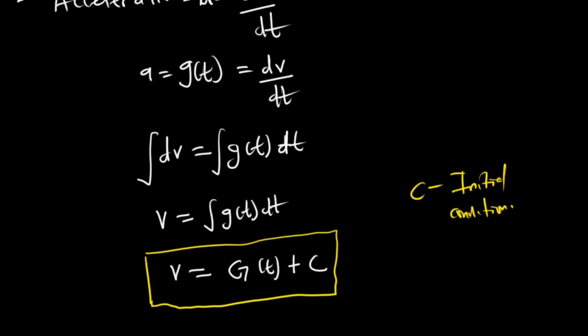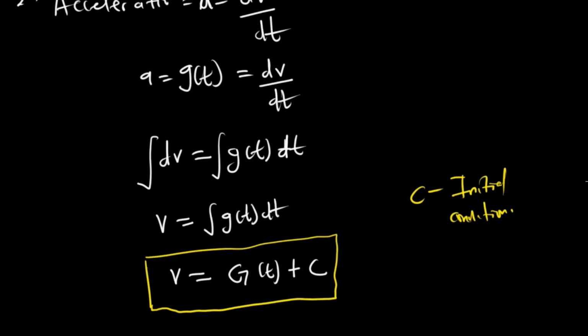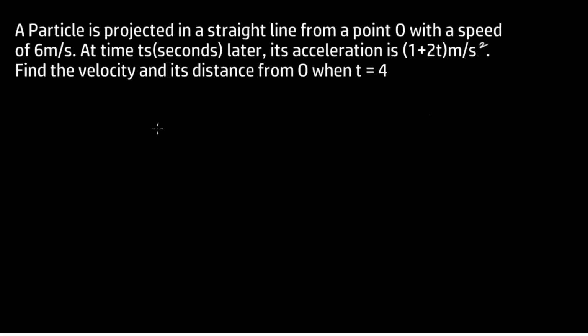So let's look at an example on how we can manipulate this to produce a solution of kinematics. Here we have an example to better illustrate the concept of application of integral calculus in kinematics. The question says that a particle is projected in a straight line from a point O with a speed of 6 meters per second.